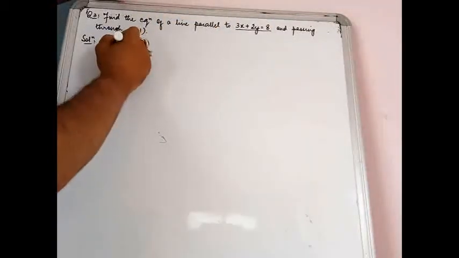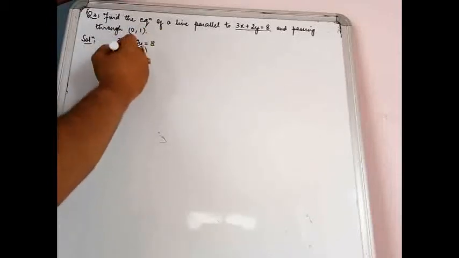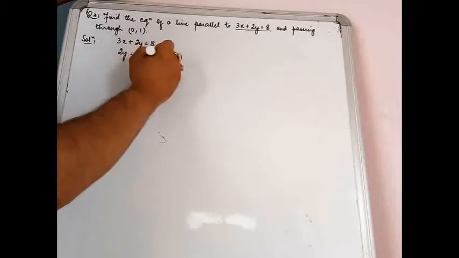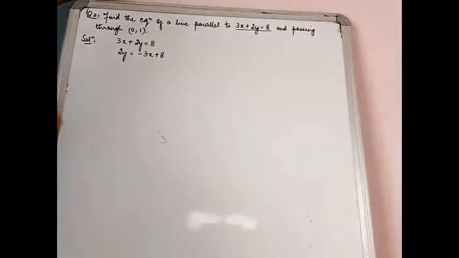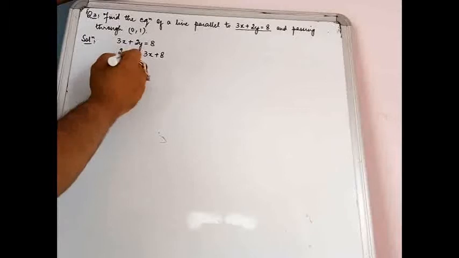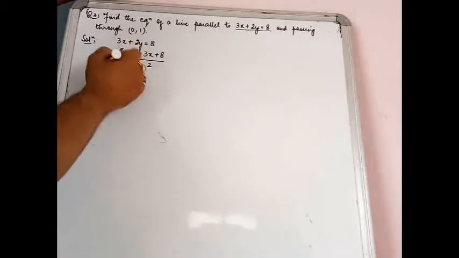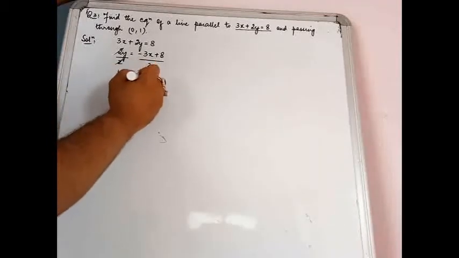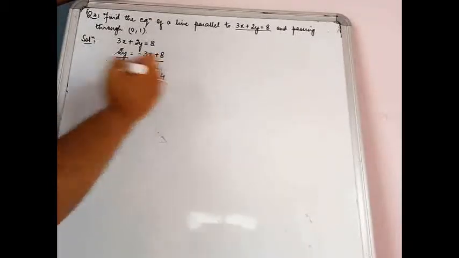Okay, so we have 3x plus 2y is equal to 8. I am going to bring this into the y is equal to mx plus c form. So you see I am keeping y on one side and everything else will be taken on the right hand side. So divide this by 2 and divide this also by 2. So this 2 and 2 gets cancelled. So you have y is equal to minus 3 by 2 x plus 8 by 2 is 4.